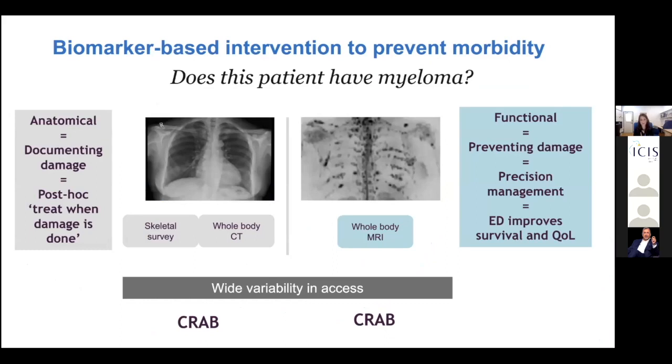So this is much earlier diagnosis and treatment, which we know leads to better survival and quality of life for patients with myeloma. And if you look at the imaging in the center of your screen there, you'll see just how much disease you can have in the marrow space without lytic bone destruction. So this patient has got a substantial burden of disease that we're only seeing on MRI.